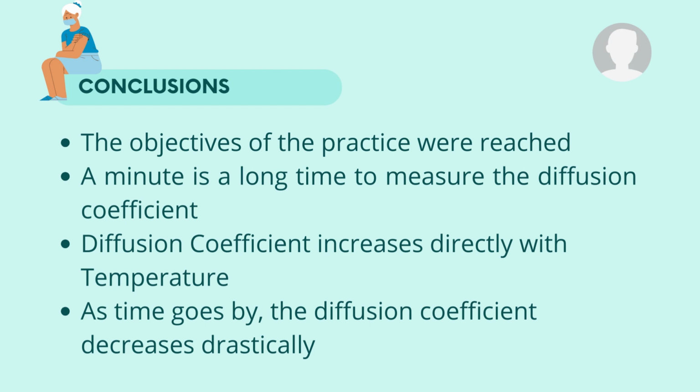Maybe with another time distribution it would be easier to calculate the diffusion coefficient. In other terms, we know that the diffusion coefficient increases directly with the temperature, and as time goes by, the diffusion coefficient decreases drastically as the system reaches equilibrium. Thank you.